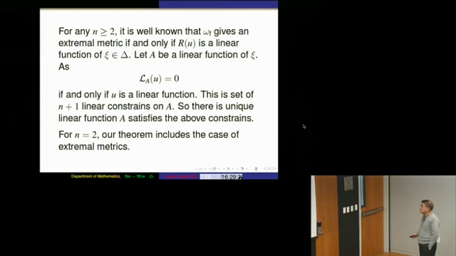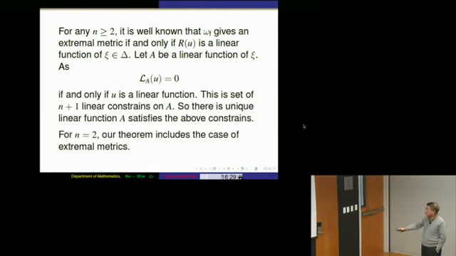For any dimension, it is known that omega_phi gives an extremal metric if and only if R is a linear function of cosine. Let A be a linear function of cosine.